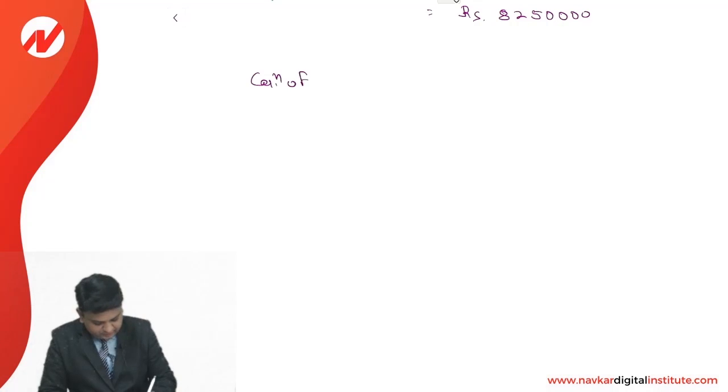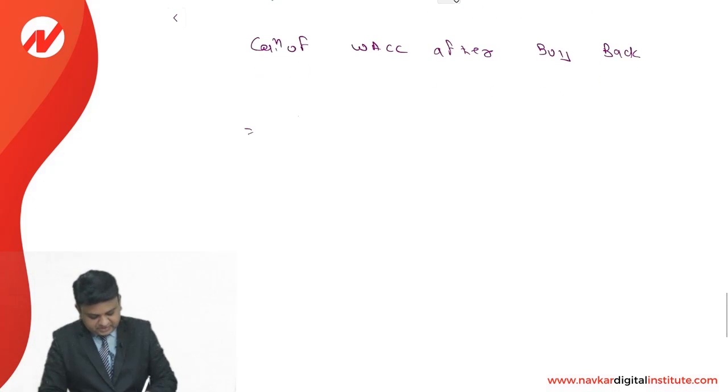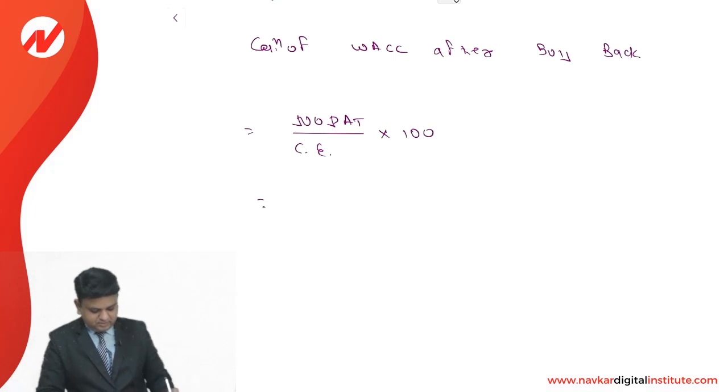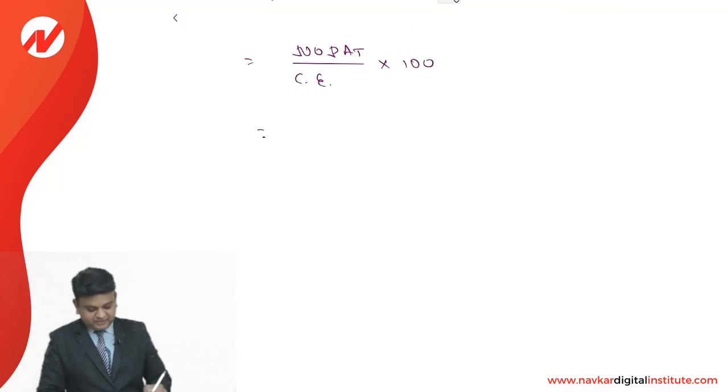So calculation of weighted average cost of capital after buyback: a very simple formula, net operating profit after taxes upon capital employed into 100. Net operating profit after taxes is EBIT into 1 minus T, divided by capital employed, that is over here the value of the firm.